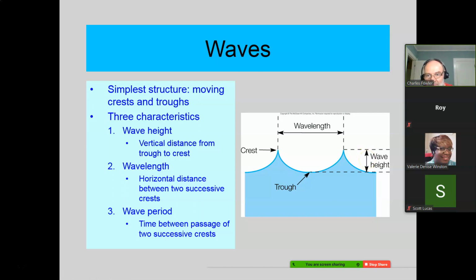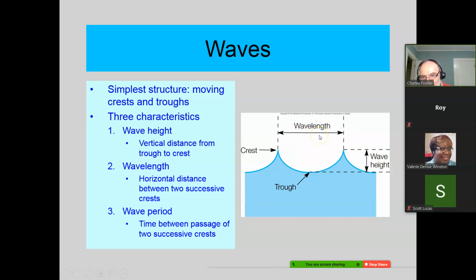Okay? A wavelength is also a length, but that's from one crest to the next crest. That's how we usually measure it. It could be from the very lowest point in one trough to the very lowest point in another trough. It's going to be the same thing because the waves are pretty regular coming in. The easiest way to measure is from crest to crest.